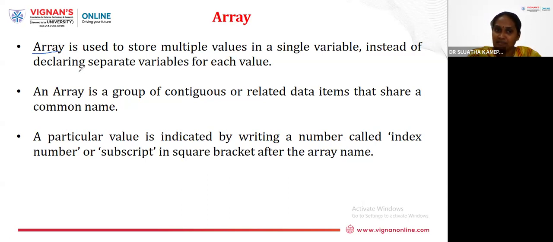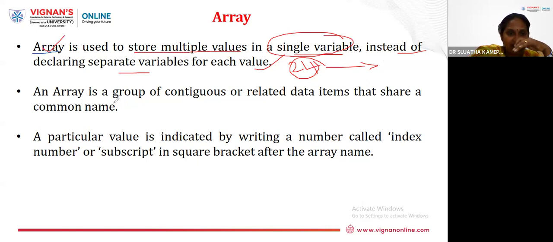So an array is used to store multiple values in a single variable instead of declaring separate variables for each value. In the same example, declaring separate variables needs 24 variables, but all those 24 values can be stored under a single variable if I am using an array.